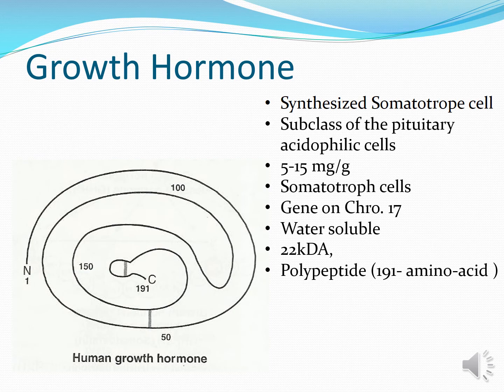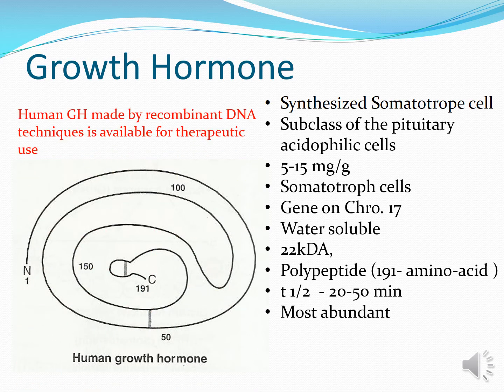Growth hormone has 191 amino acids and its half-life is 20 to 50 minutes, and this is the most abundant pituitary hormone. Human growth hormone made by recombinant DNA technique is available for therapeutic use.